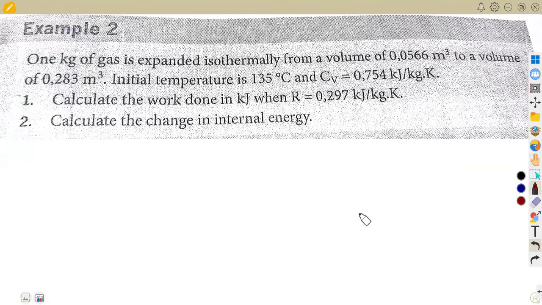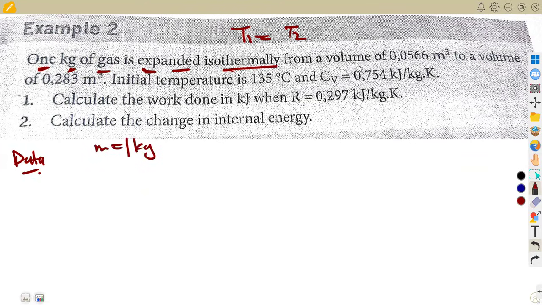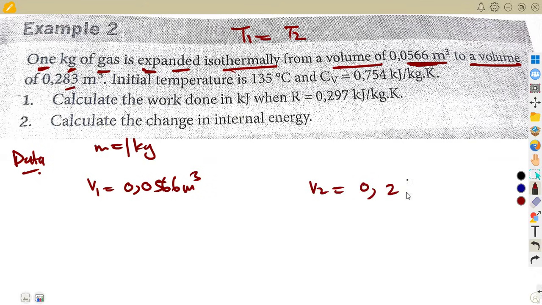List the information down. All right, another question that we are given there is that 1 kilogram of gas is expanded isothermally again. T1 is equal to T2. So we have got the mass of 1 kilogram of gas is expanded isothermally from, that is your initial point, 0.0566 cubic meters, that's our volume there, to a volume of, which is V2, 0.283 cubic meters.